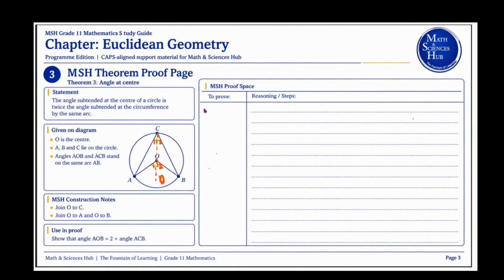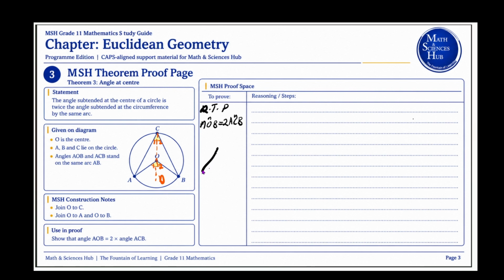Now, what is it that we are required to prove, and how are we going to prove it? We are required to prove that angle AOB equals twice angle ACB. So that angle is twice that angle. We are going to use properties of triangles.